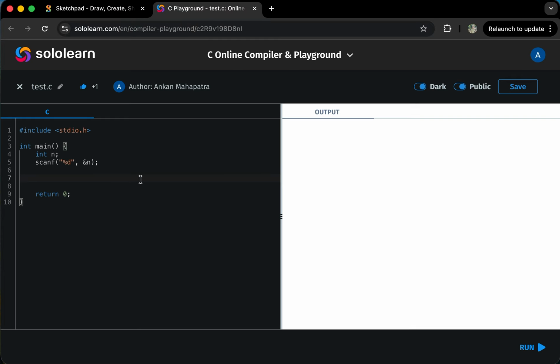So let's take a for loop for this. y equal to n minus 1, y greater than or equal to 0, and y minus minus. So we are decrementing our y value till it reaches 0.